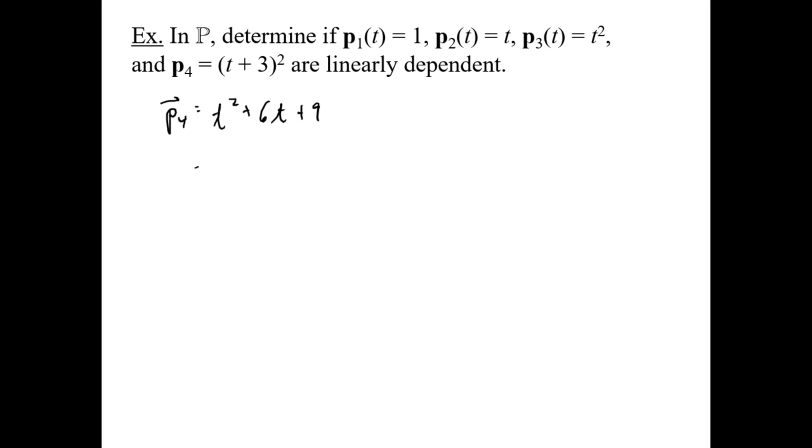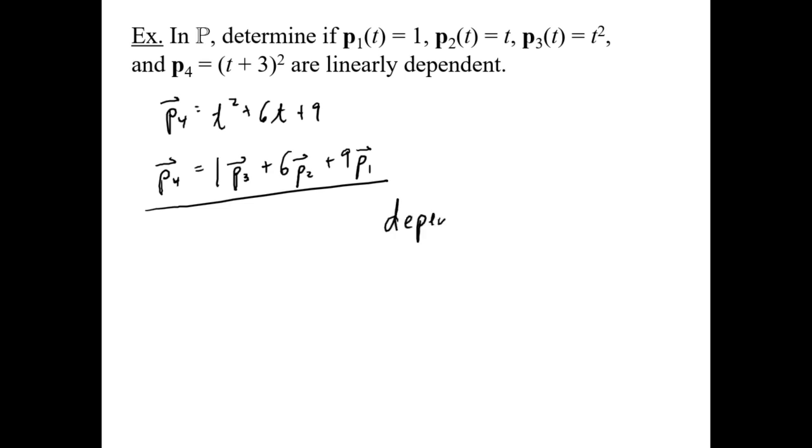Please notice that that is equal to 1 times P3 plus 6 times P2 plus 9 times P1. In other words, this is my linear dependence relation. Because P4 can be written in terms of the others, we would say that this is a dependent set of vectors.